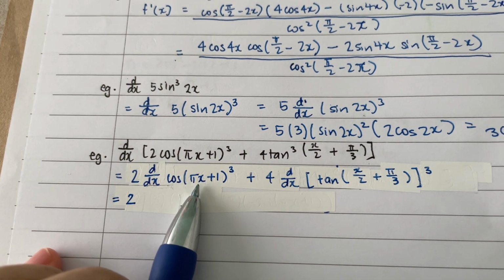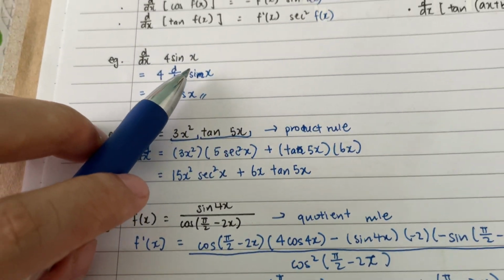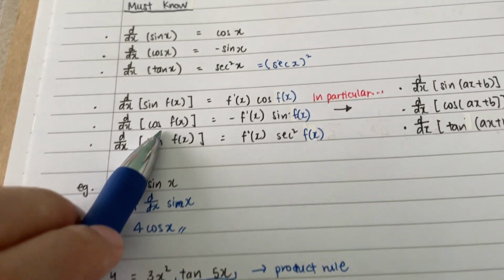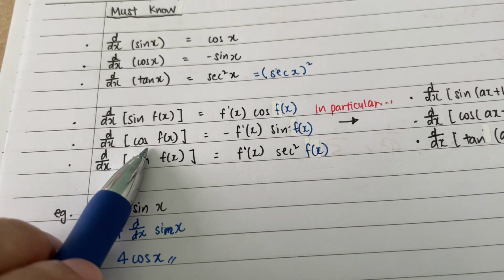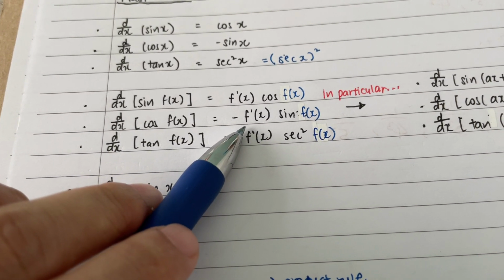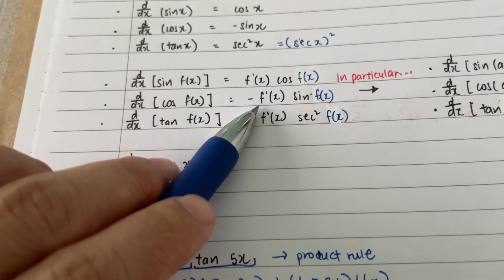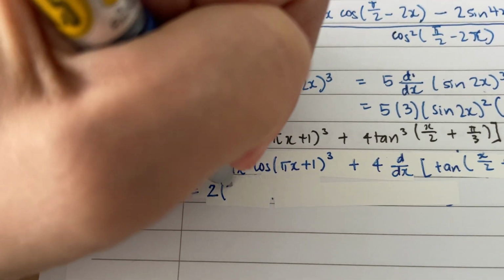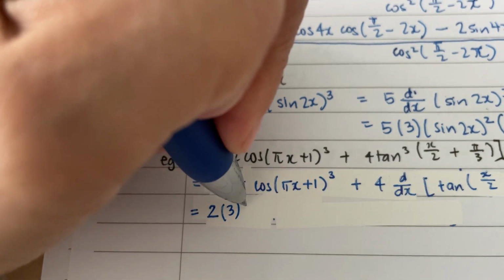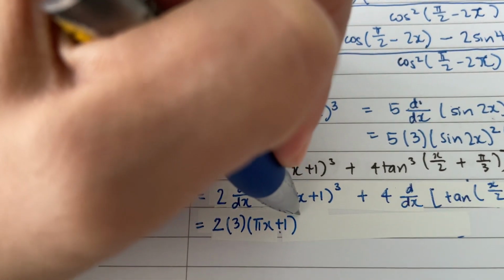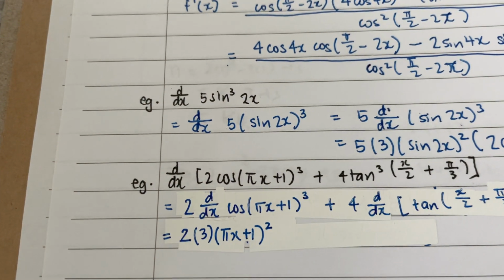So in order to differentiate this, it is quite similar to this form whereby you differentiate cosine f(x). So we start off with the differential of f(x). Differential of f(x) will give us 3 (pi x plus 1) squared.